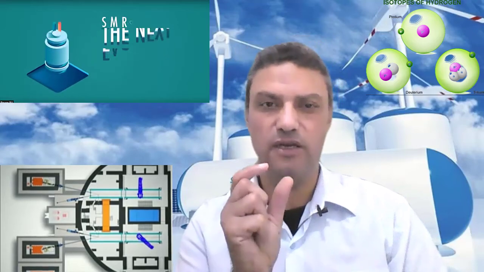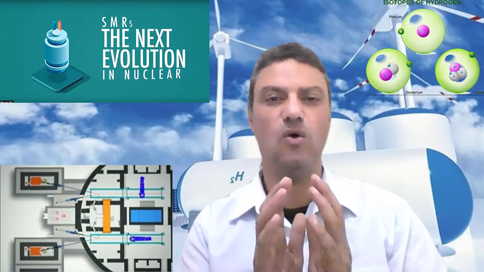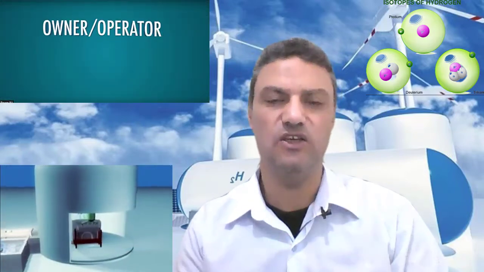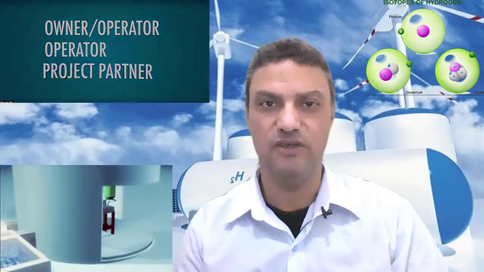The word modular here means we can produce all units and components of the reactor in an industrial company, then we can simply transport it to the location of installation.